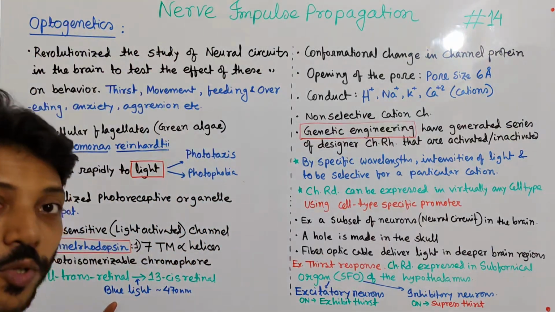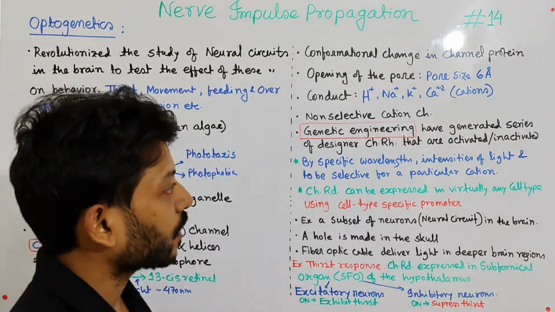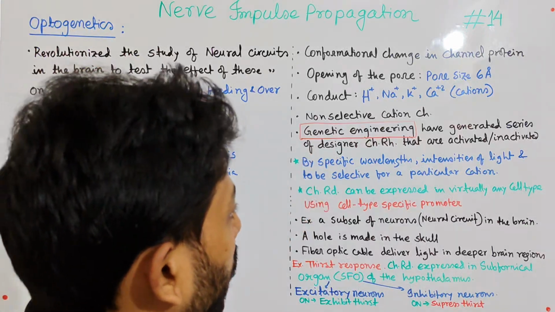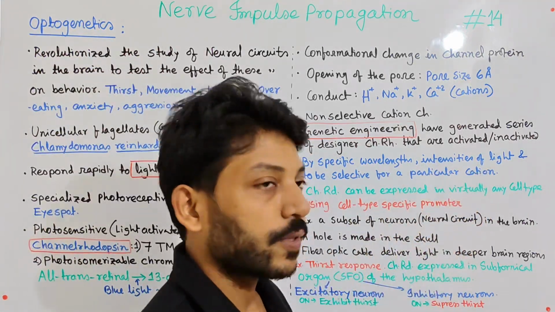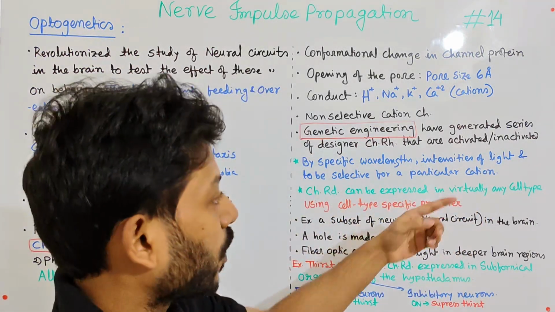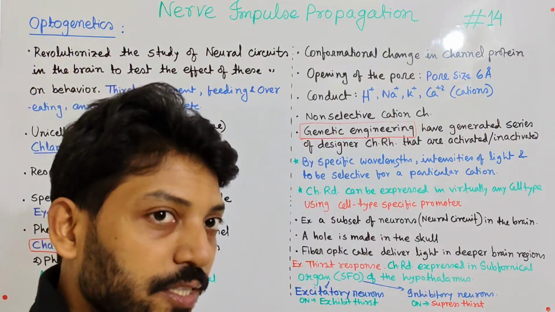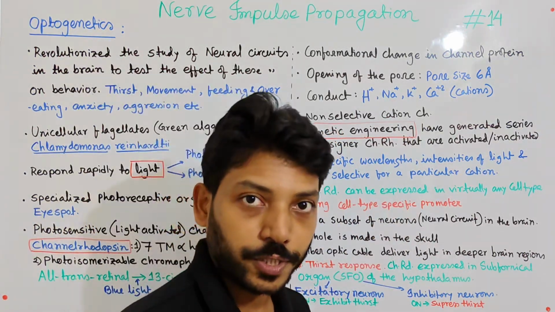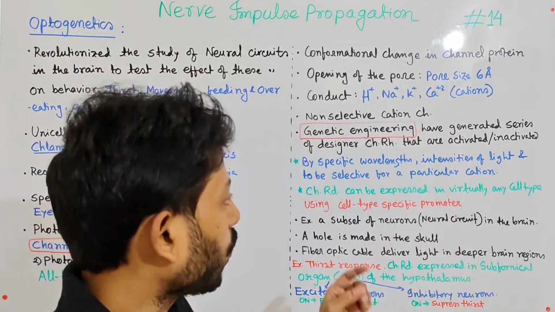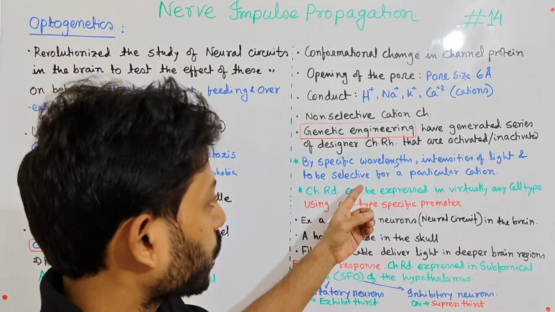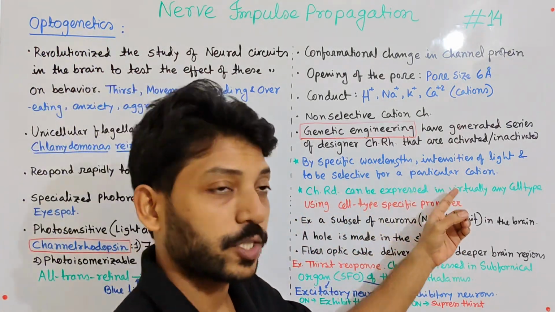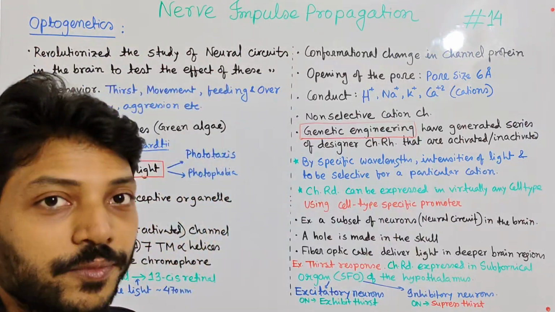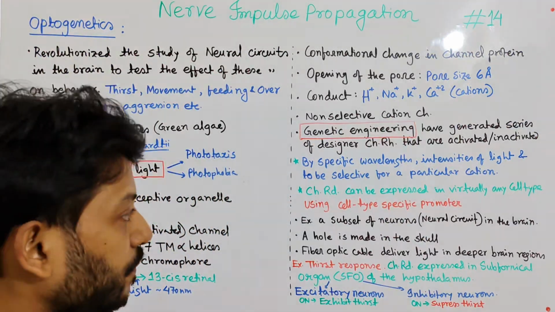It can absorb yellow, red, or any light by genetic engineering. Also, the intensities of light can be tuned. As I mentioned, this channel is non-selective, but by changing the amino acids, we can make it selective for a particular cation, which will help in the generation of action potential.